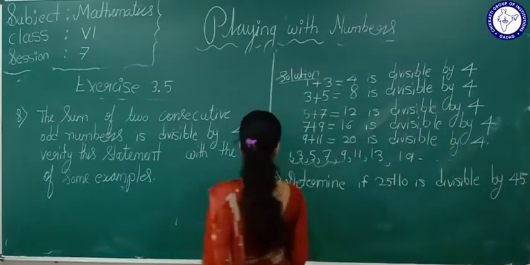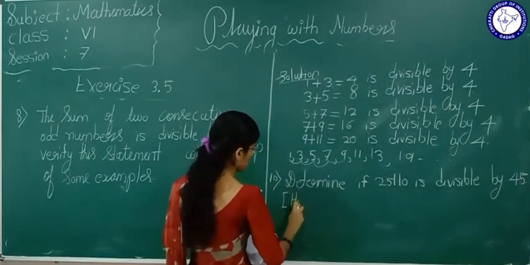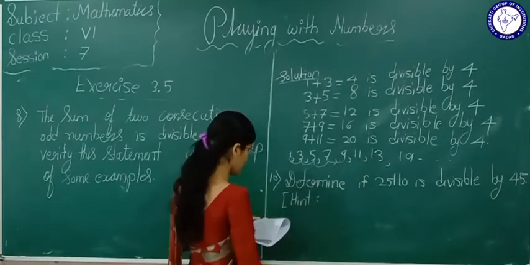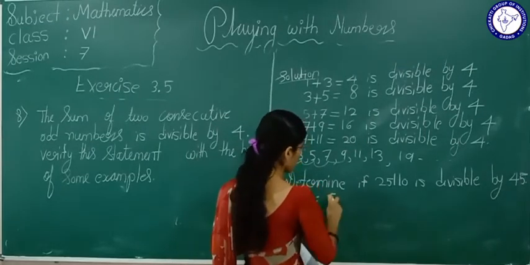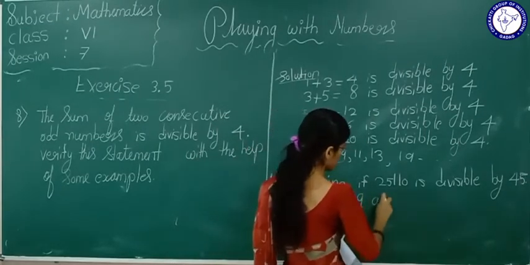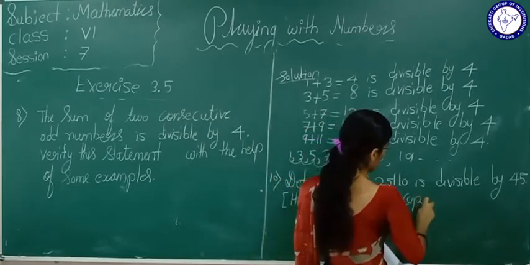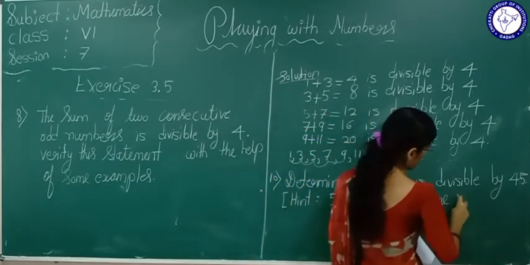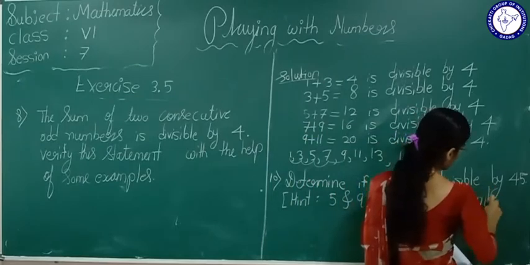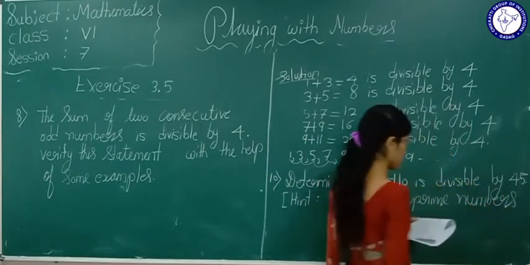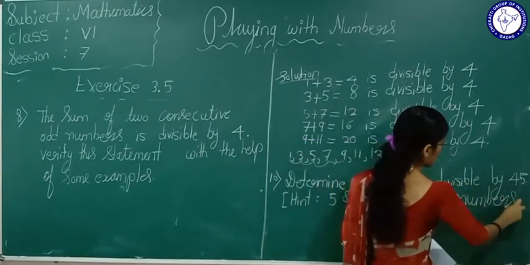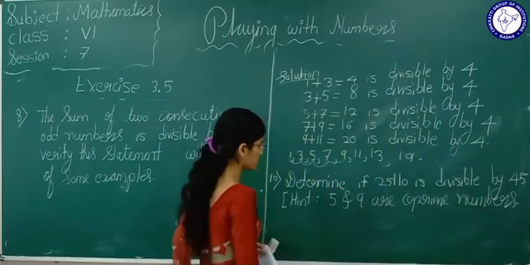So what is the hint they have given? See here. The hint they have given is 5 and 9 are co-prime numbers. Okay. Test the divisibility of the numbers.